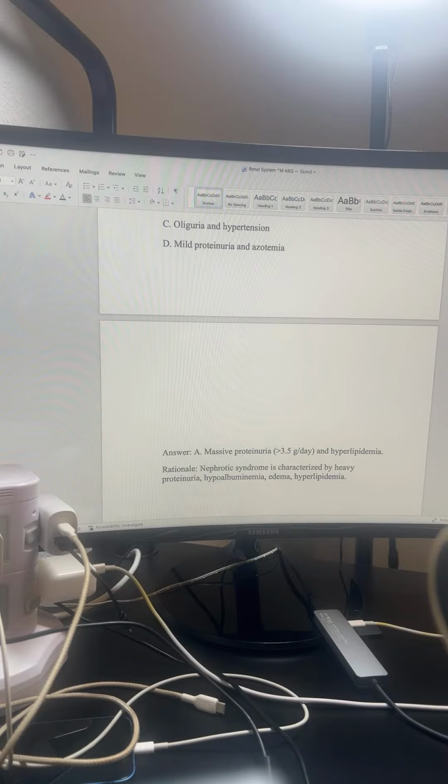What is going to be happening with the nephrotic syndrome patient and their urine? What is going to be the appearance of their urine? What is the appearance for your nephrotic syndrome patients? Cloudy, okay. So it tends to look a little foamy, frothy, definitely.